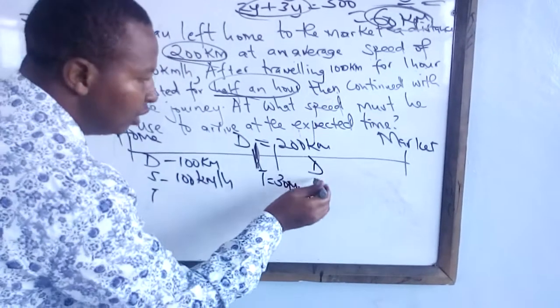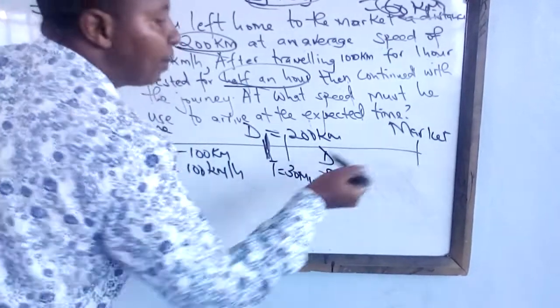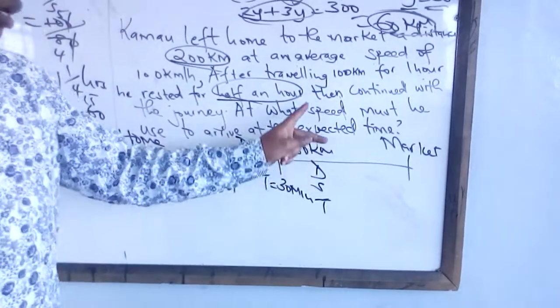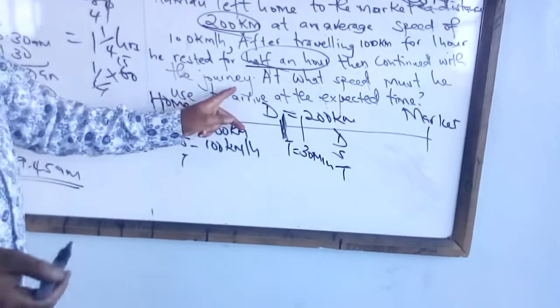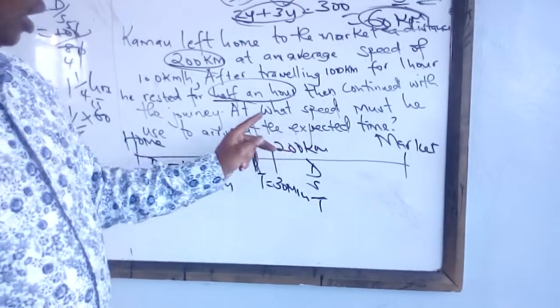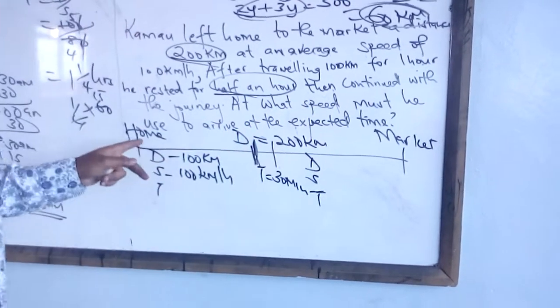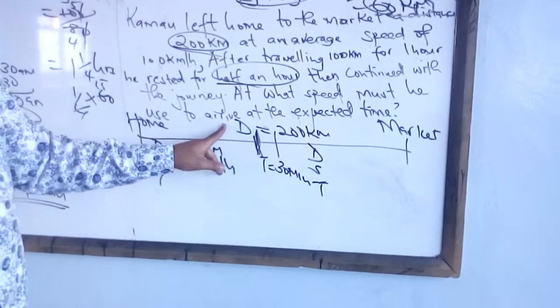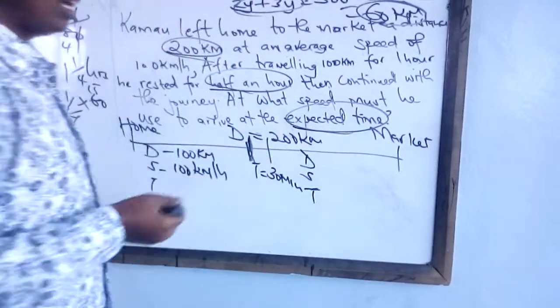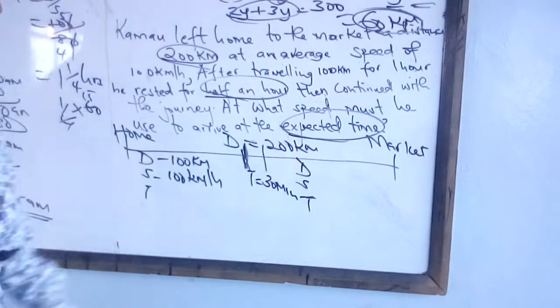Then continue. If you are representing the other part of the journey, DST. Then continue the journey. At what speed must he use to arrive at the expected time? Notice the keyword is expected time.